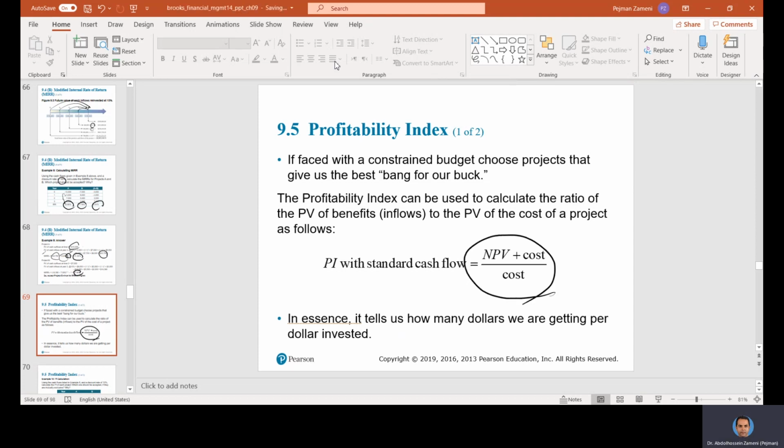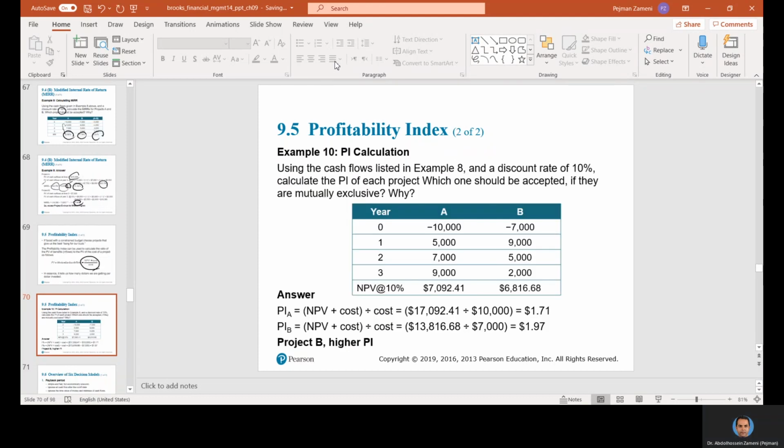In a sense, it tells us how many dollars we are getting per dollar invested. Okay, NPV plus cost divided by the cost. We calculate the NPV of the project, add it to this cost, 17,000 divided by the 10,000. This is the PI for project A. This is the PI for project B. Then which one is giving us the higher profit? Project B.